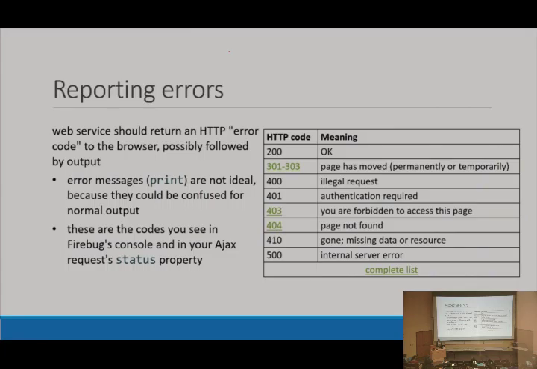There's error codes for most things you can think of. The one that we've cared about so far is this 200 one, because 200 means it's all right. Nothing terrible happened. I got the result. You're all good. Just put it on your page.